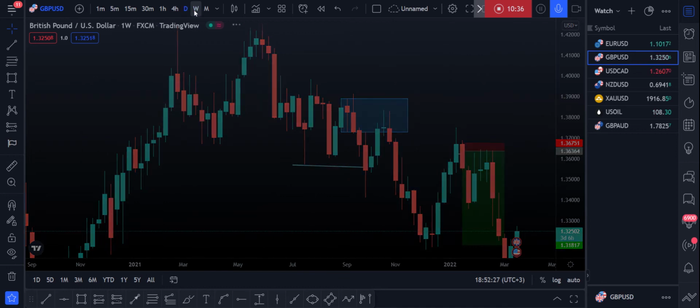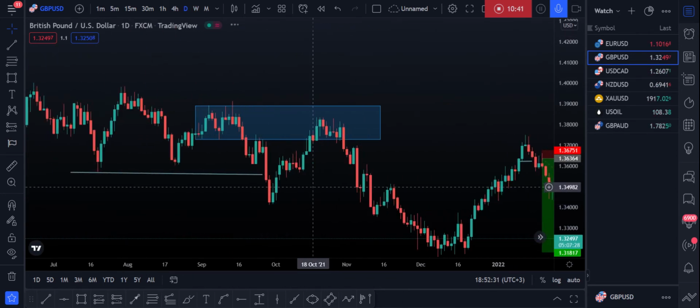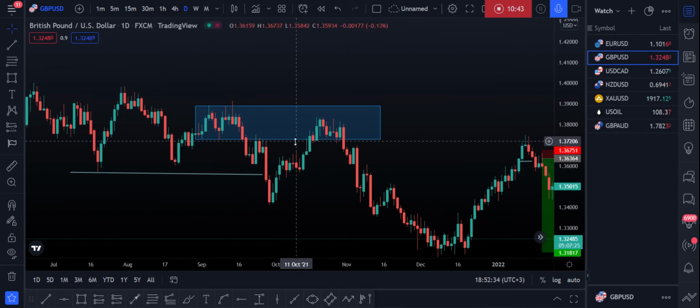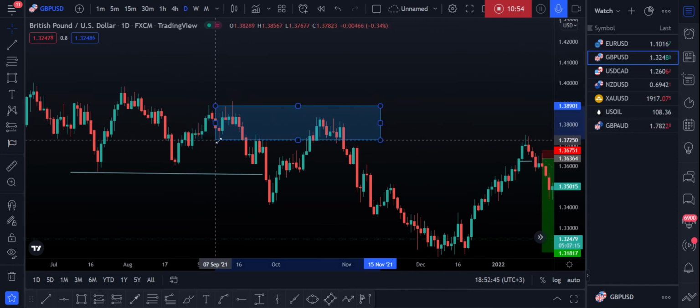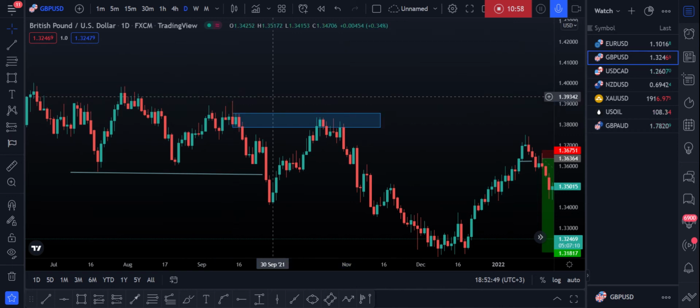Now you head over to the daily and refine. In the daily, which zone was responsible for the most recent break of structure? In this zone, we can see this was the last structure break and it originated from this. So we are going to highlight the zone that broke structure in that area.